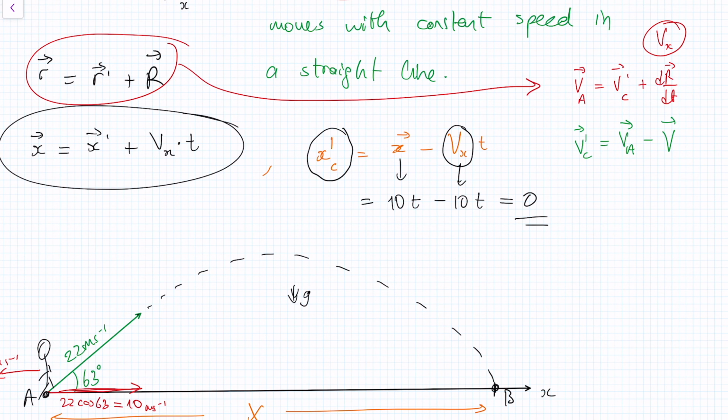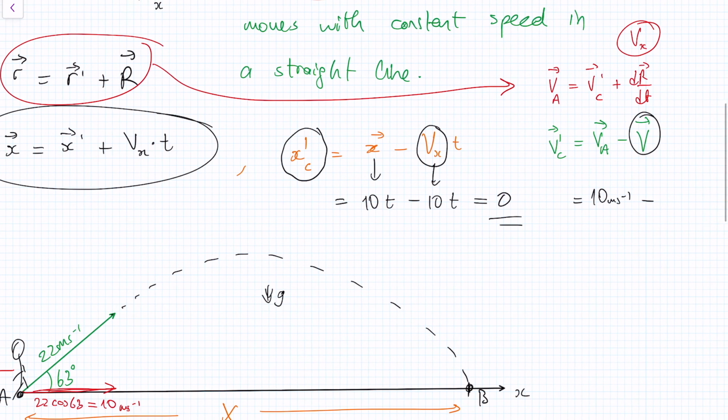Now let's see if this is consistent. What is VA? VA is simply the horizontal velocity of the object observed by the observer at A, so that's simply 10 meters per second. And what is the relative velocity of the two reference frames?